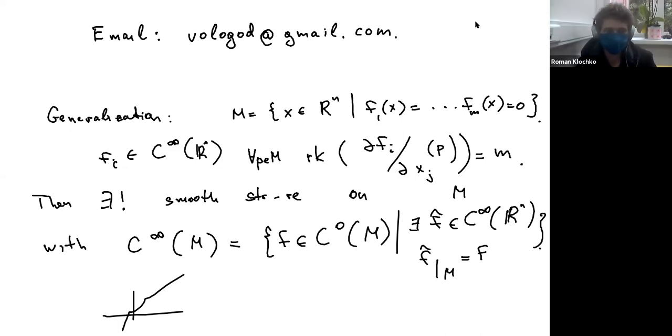But the difference is that, like in this example with R, we have x and we have x cubed, and maybe in this S7 it is something like this? No. As I explained, this example with R is really stupid because this exotic R is actually diffeomorphic by a non-identity map to the standard R. This does not happen with exotic spheres.